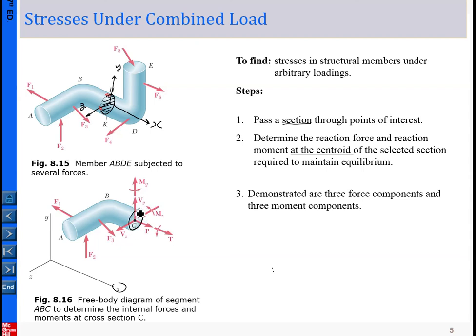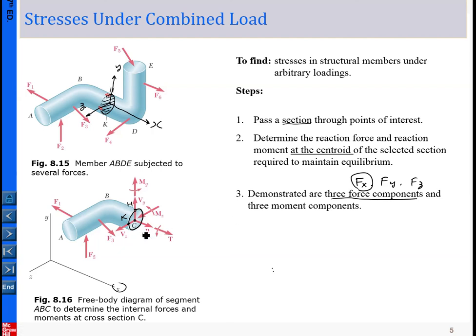It isn't drawn here, but this is point K and this is point H. In the selected section, in general, there are 3 force components and 3 moment types. That is Fx, the forces in X, Y, Z directions. What is Fx? That is P here, in terms of our defined coordinate system X, Y, Z.